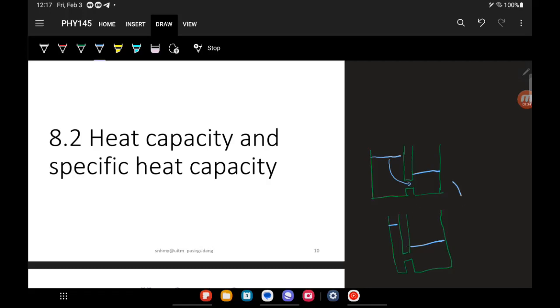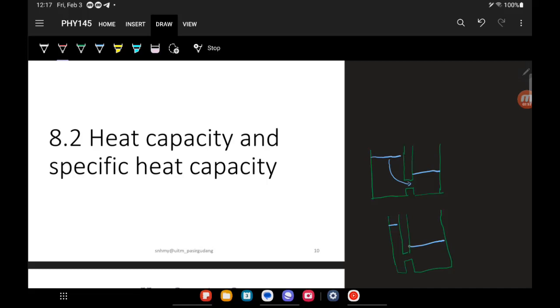These two have a different level of water, and the same goes with temperature. But eventually both of them will reach an equilibrium point.